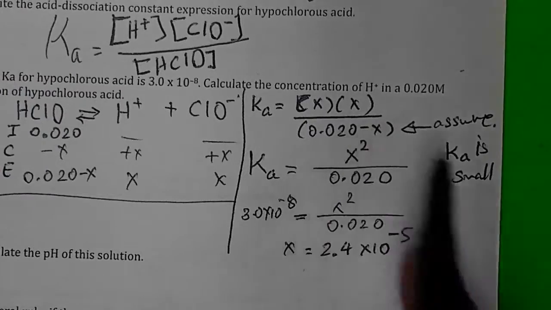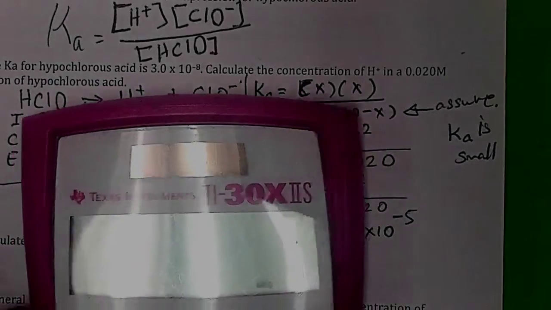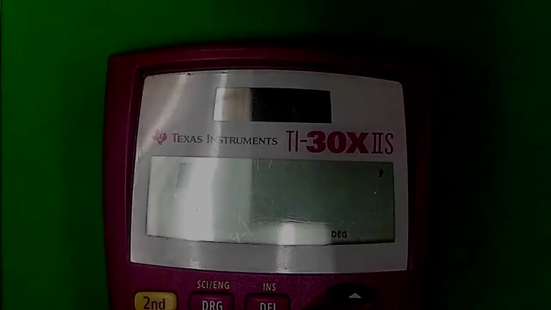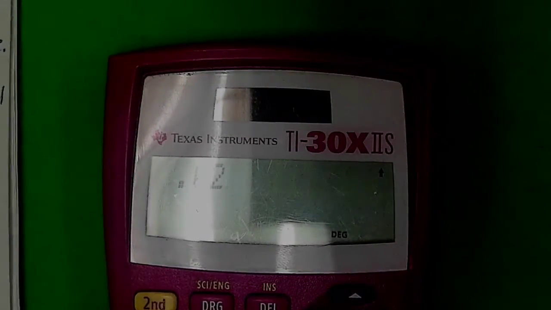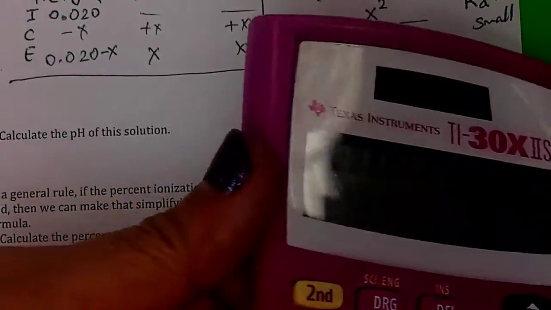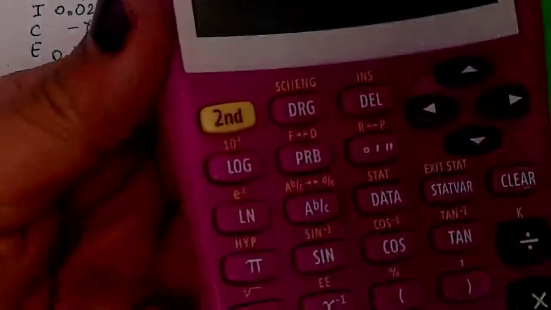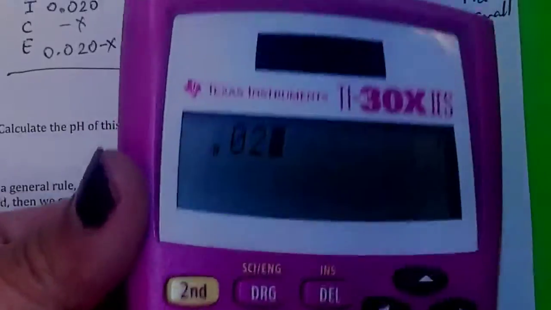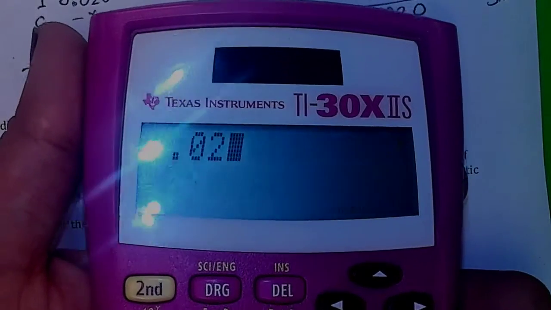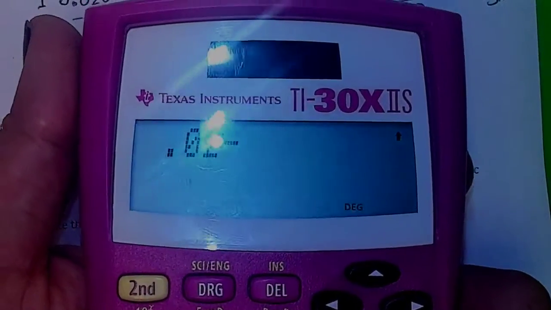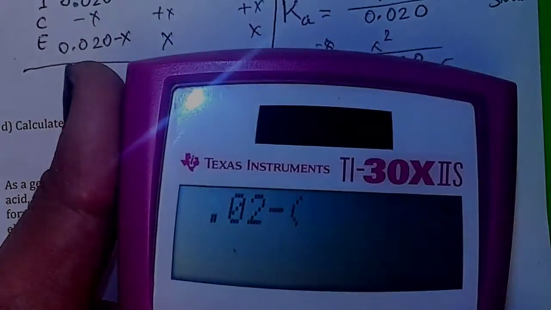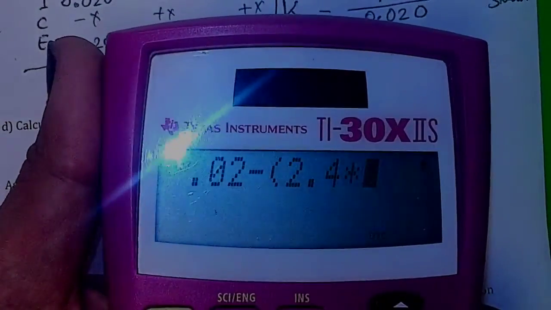Because, take a look, I'm going to do the math. I'm going to do the concentration. 0.02, right? What we're going to do is subtract what you just got, which is 2.4 times 10 to the negative 5.